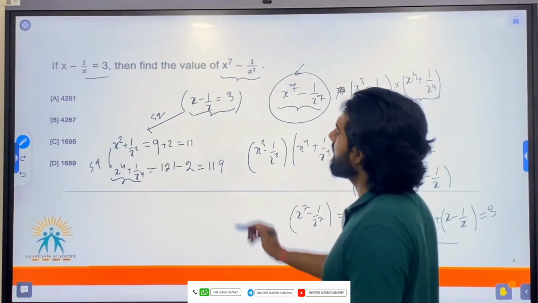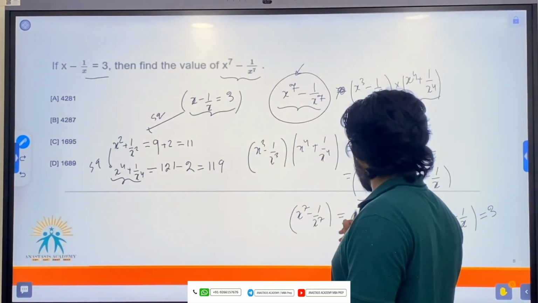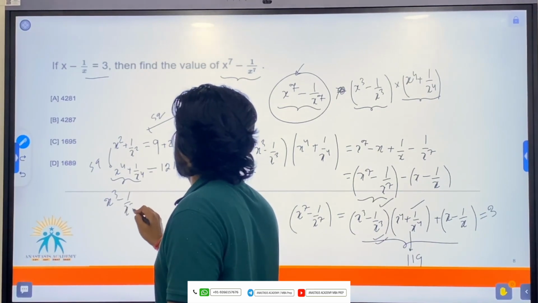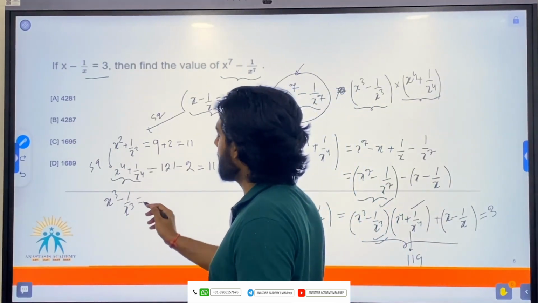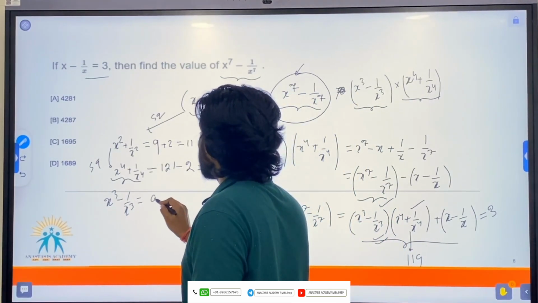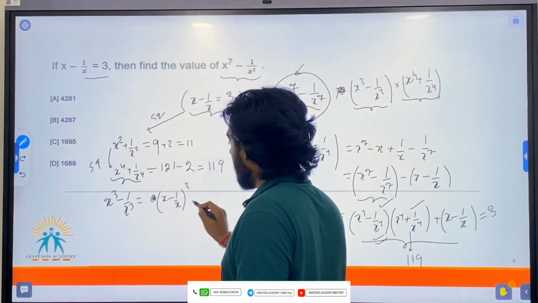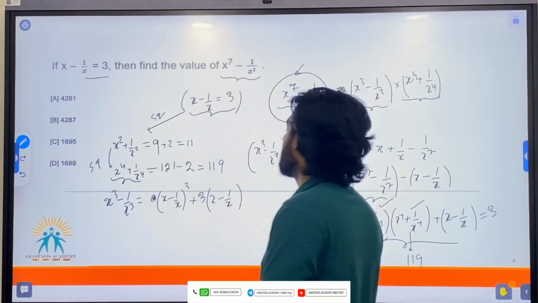I have to find the value of cubes of this expression. So if I take the cube, I know the identity a cube minus b cube is a minus b whole cube plus 3 times a minus b, which is x minus 1 upon x.